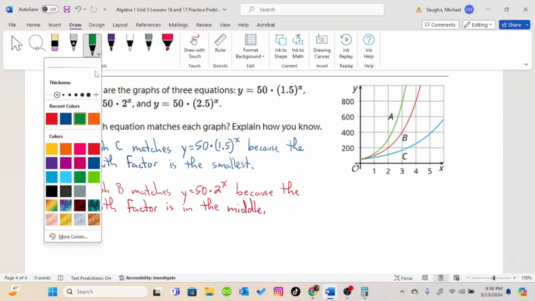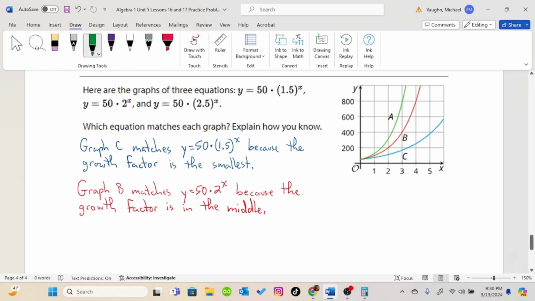And finally, graph A grows the quickest, so it is going to match y equals 50 times 2.5 to the power of x, because it has the largest growth factor.